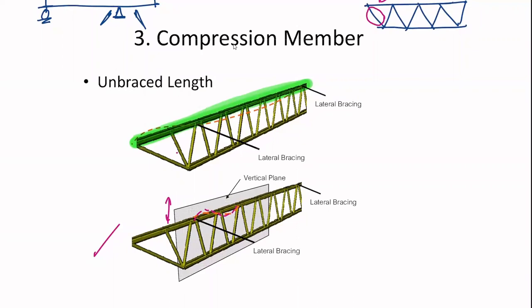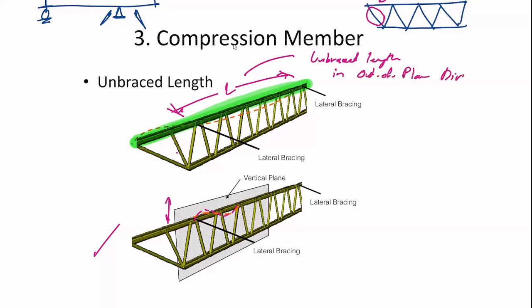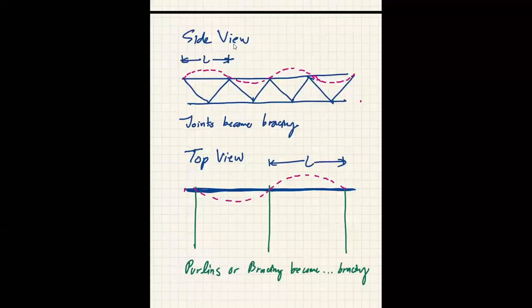the webs will not help, right? It is free to go wherever it wants unless we have the lateral support here to prevent that movement. And this becomes the unbraced length in out of plane direction, or simply this picture. You have to see it from the top view.